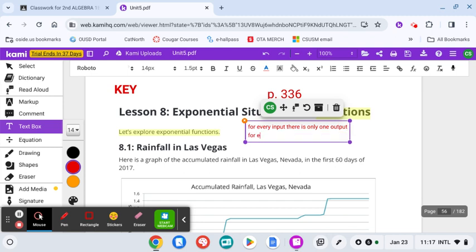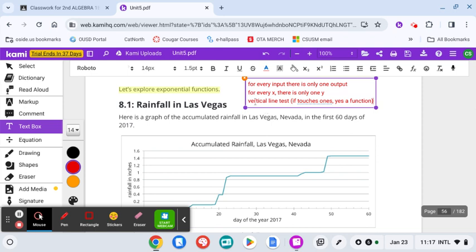For every x, there is only one y. We reminded ourselves that there was a vertical line test. If it touches once, yes, a function. If it touches more than once, it's not a function. So these were all the things that we recalled about what is a function.